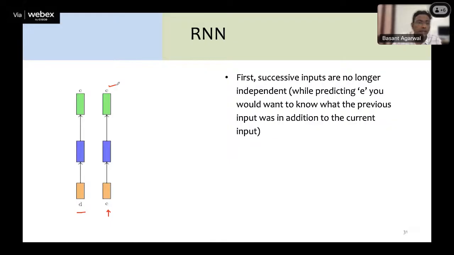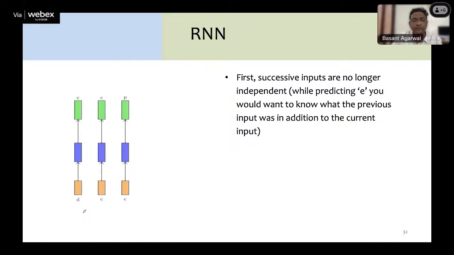What we want is that when we give a new character as input to the network, it should predict the next character based not only on the current input, but also on the previous input.